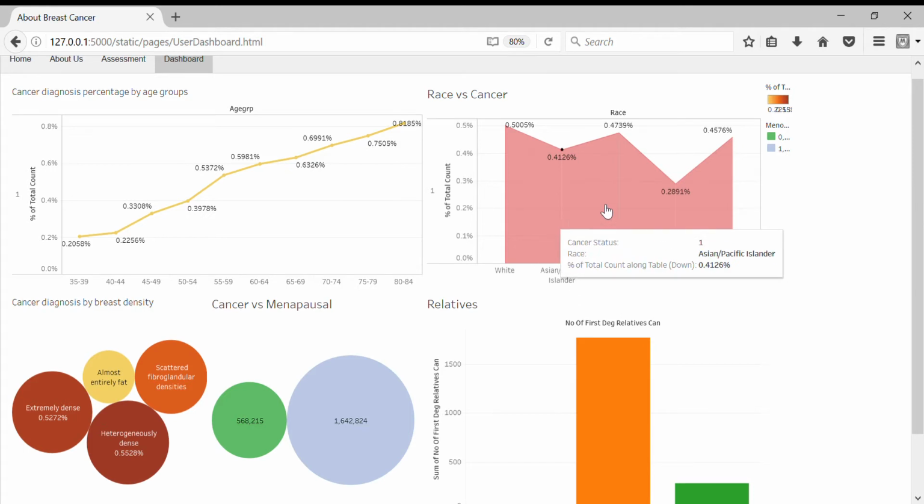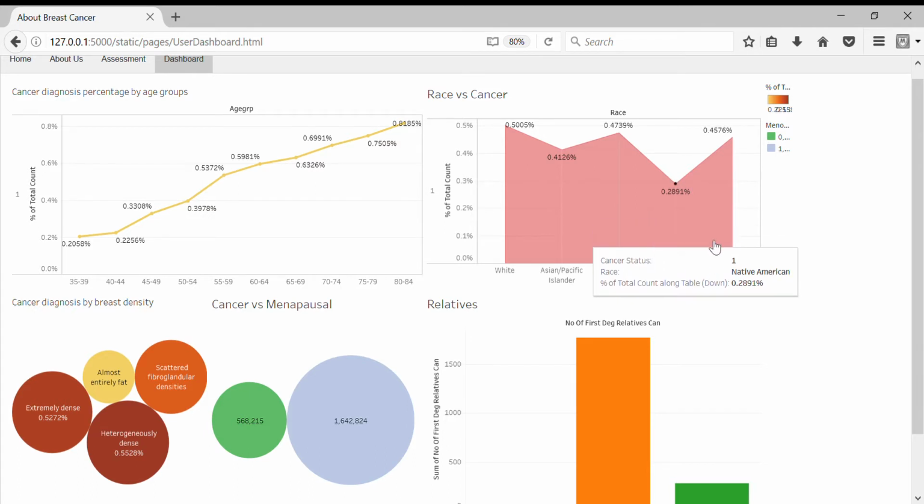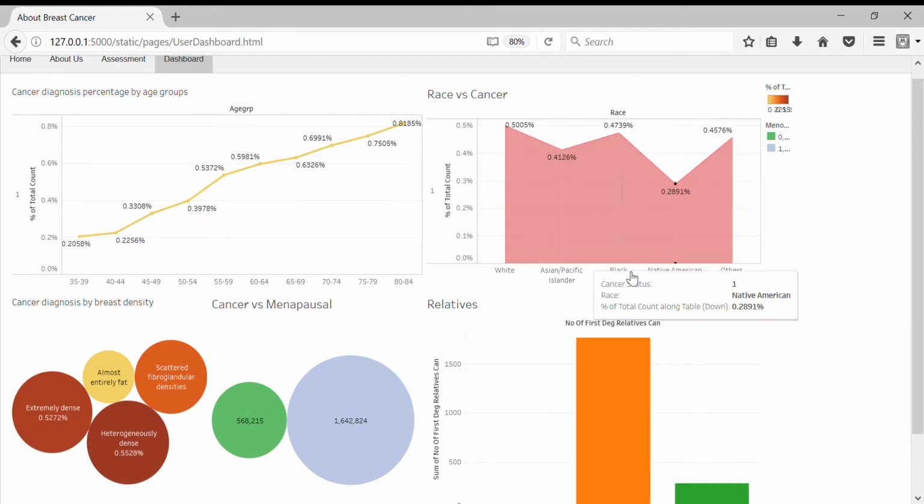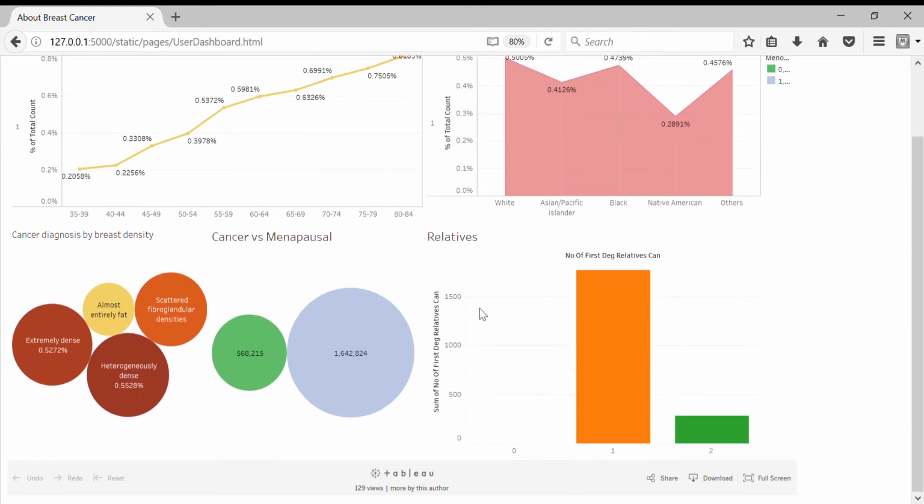And if you could see in this graph, the white people and the black people, these two races are the people who have a higher percentage of breast cancer than people from other backgrounds.